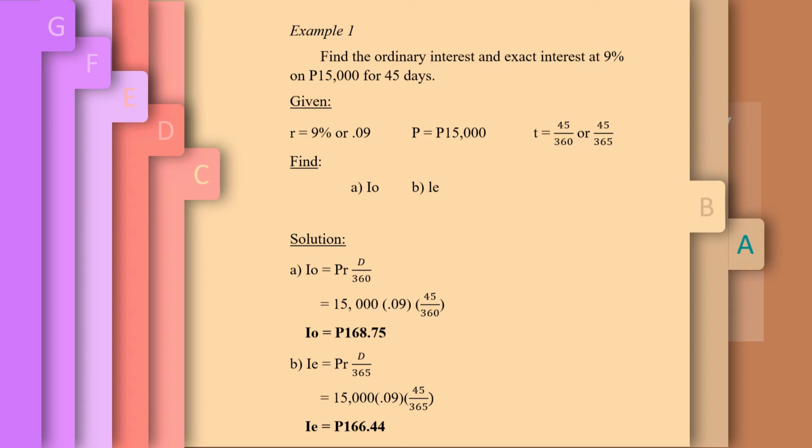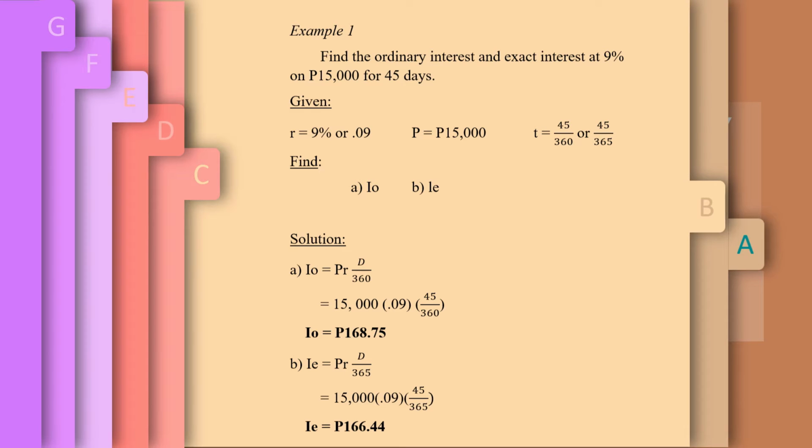So here's the solution. We have the formula IO is equal to PR times the time. By substitution, we will have 15,000 pesos times 0.09 times 45 over 360. So we have IO, which is equal to 168.75 pesos.